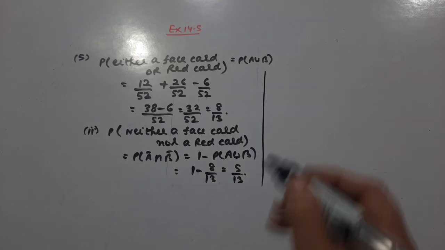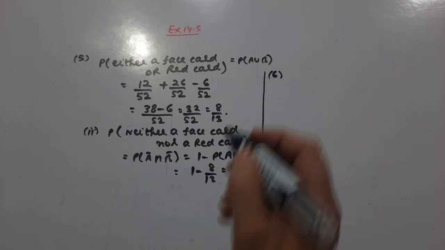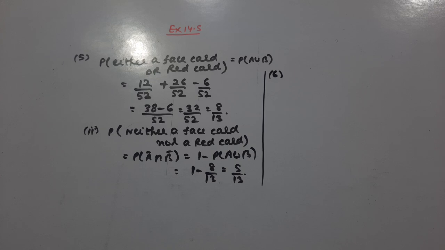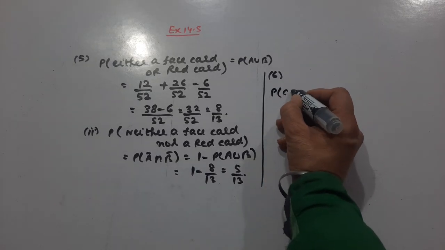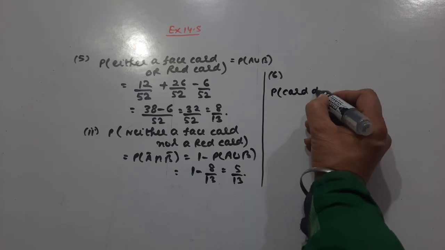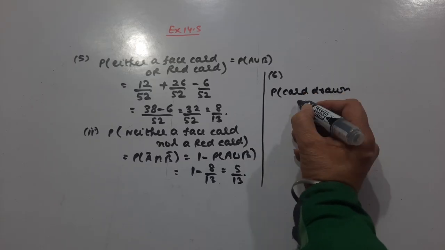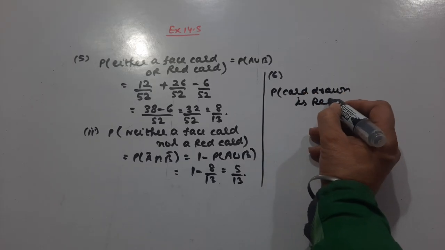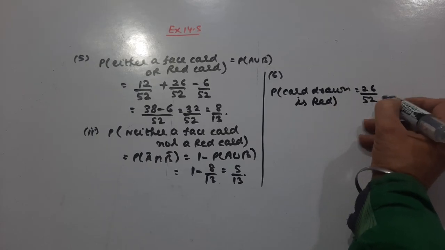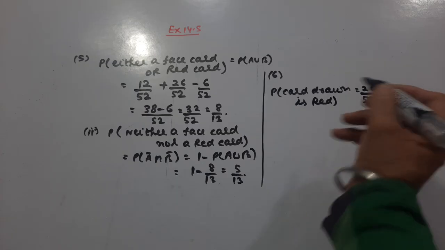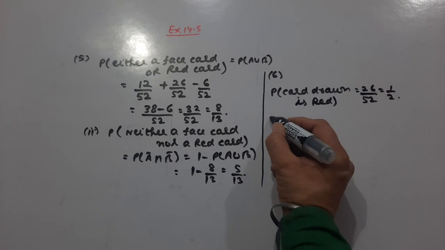Right, students? Now question number 6. One card is drawn from a pack of 52 cards, each of the 52 cards being equally likely to be drawn. Find the probability that the card drawn is red. We have 26 red cards, so the probability of drawing a red card is 26 upon 52, which is equal to 1 by 2.